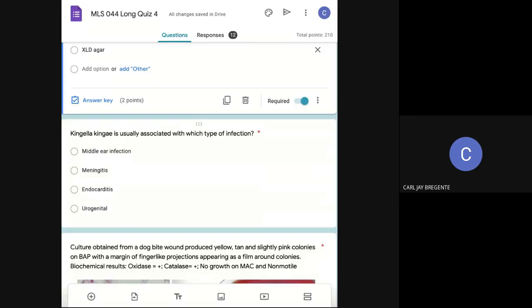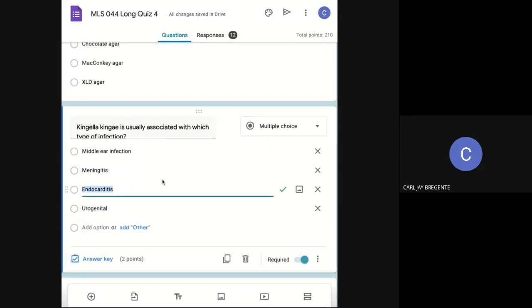Kingella kingae is usually associated with what infection? So this is endocarditis type of infection. Kingella kingae class is an opportunistic infection, because these are normal part of the normal flora actually of your upper respiratory tract as well as your urogenital tract.